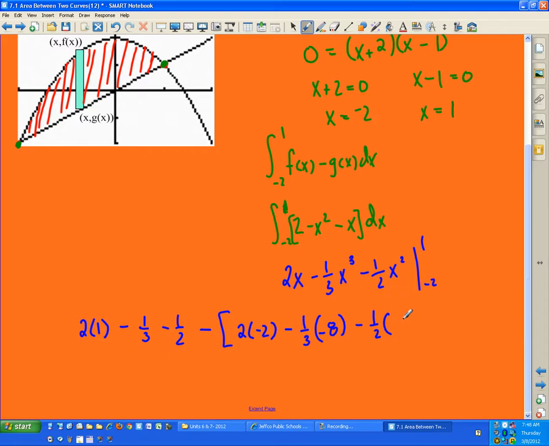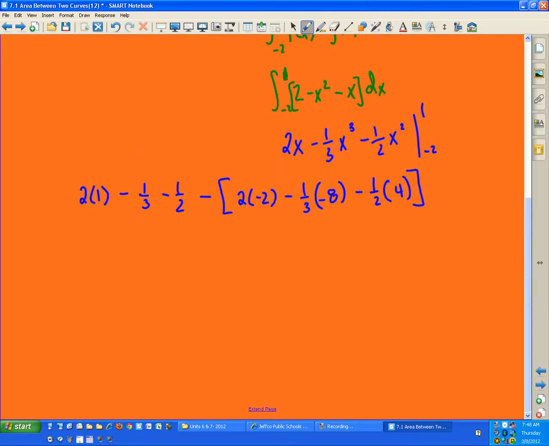This is a little trickier just because we didn't get 0 as one of our endpoints, so we have to do a little bit more work. So we still have 2 minus 1/3. You can go ahead and use common denominators right now, but I'm going to wait because I might have other things I can add and subtract together, and at the very end I'll use common denominators. So I have 2 minus 1/3 minus 1/2 over here. Now I'm going to distribute this negative to everybody and hopefully fix some of the signs.